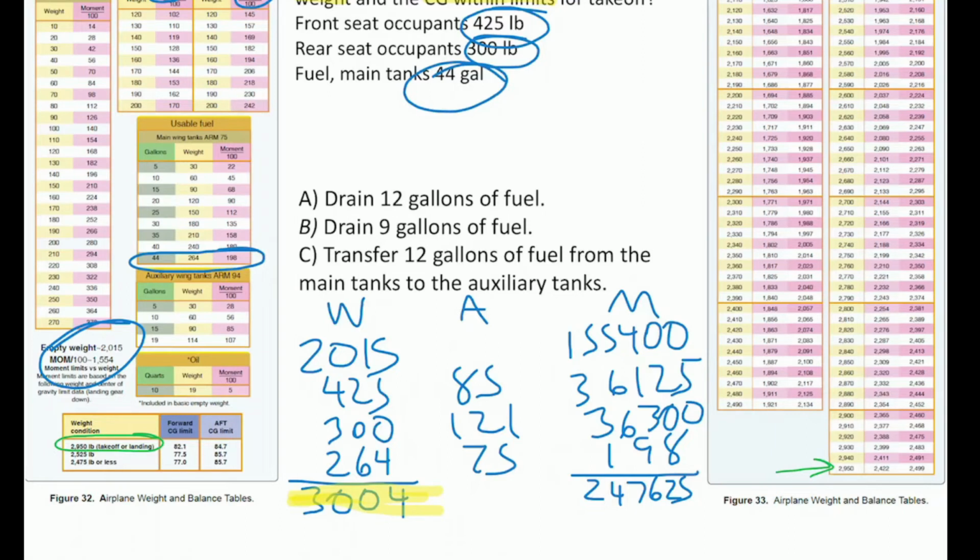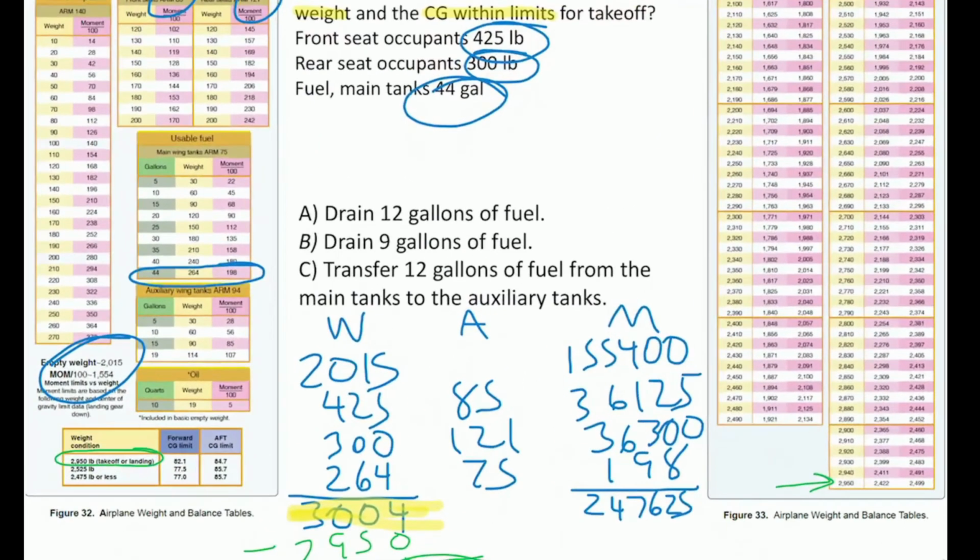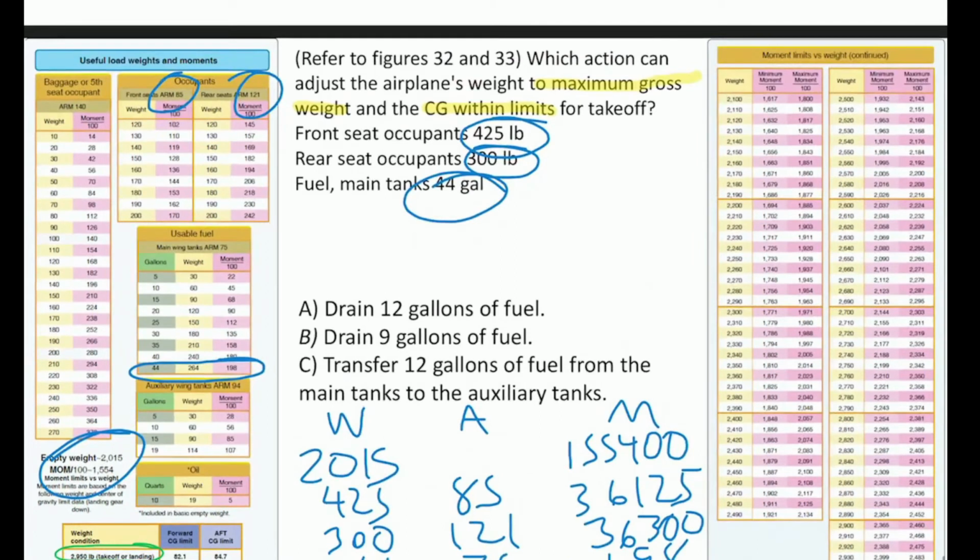Well, we just subtract, and that'll do minus 2950, and you end up with 54 pounds. So we're 54 pounds overweight. So we need to reduce the airplane's weight by 54 pounds. And that will get us to max gross weight.